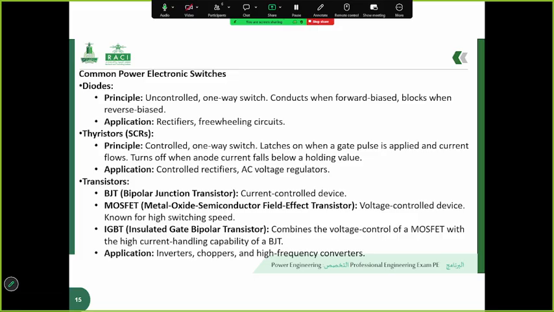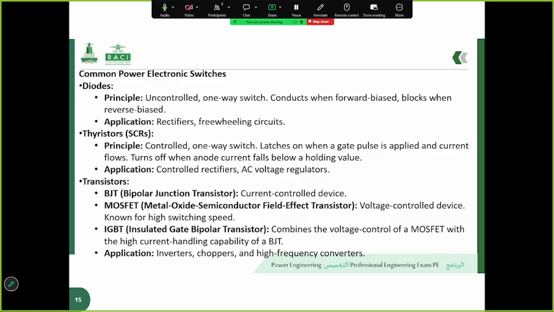An SCR turns on when a gate pulse is applied and continues conducting even after the gate signal is removed, provided that the anode current remains above the holding current value. SCRs are commonly used in controlled rectifiers and AC voltage regulation systems.